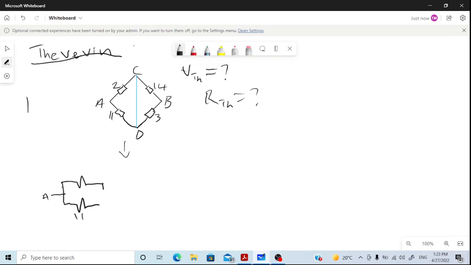Then here I have my line CD. Then here I'm going to have my 14 ohm, I forgot to write the value there, and then my 3 ohm.